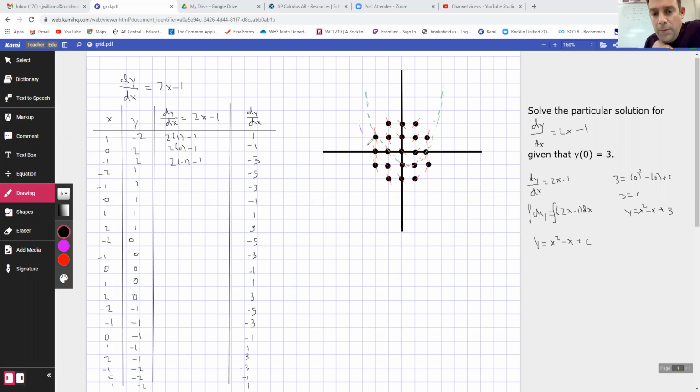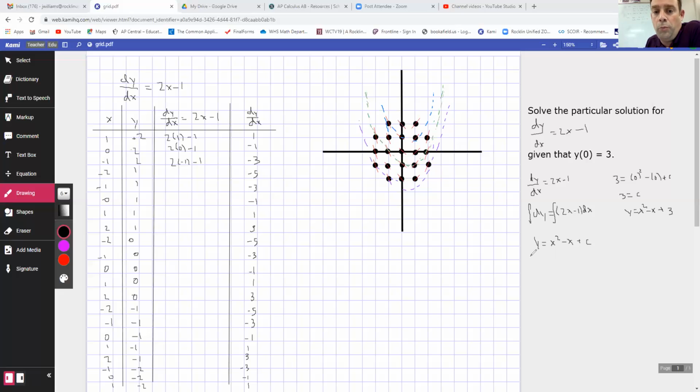So what ends up happening is when you graph your derivative kind of like this, you end up getting a family of functions where you can kind of see the whole family of functions start to show up there. So you end up getting what the general or particular solution would look like. So if I don't have a point, when I start to draw and connect all these little hash marks of my derivative, I start to get the general solution of my graph.